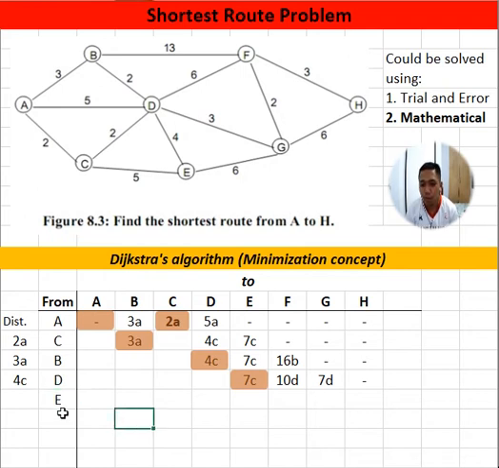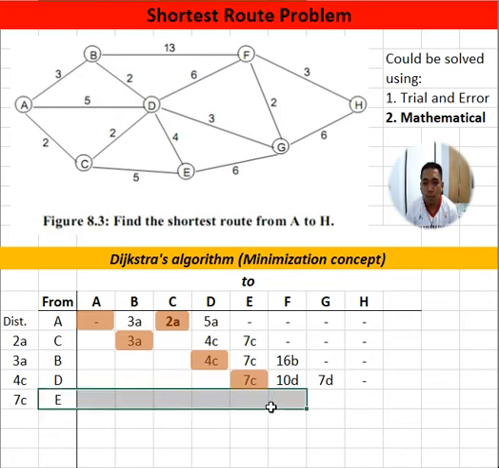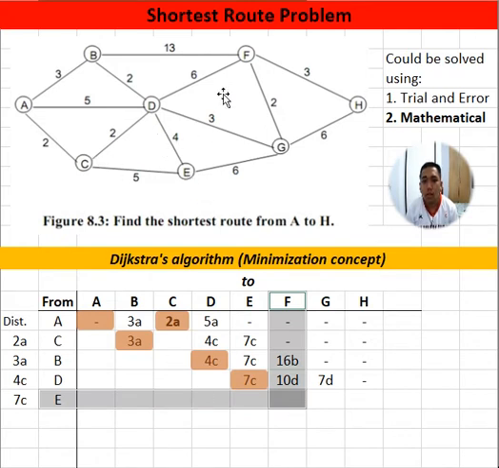From E, having a distance of 7C. What do we do next? From E to F. E to F has no direct path. Rule number 1, if no direct path, just copy.